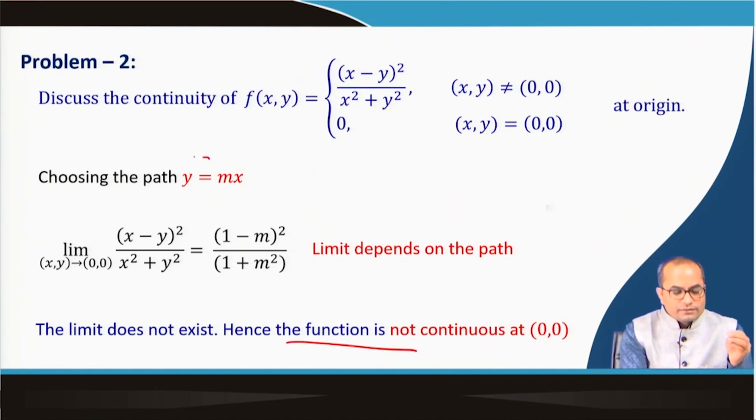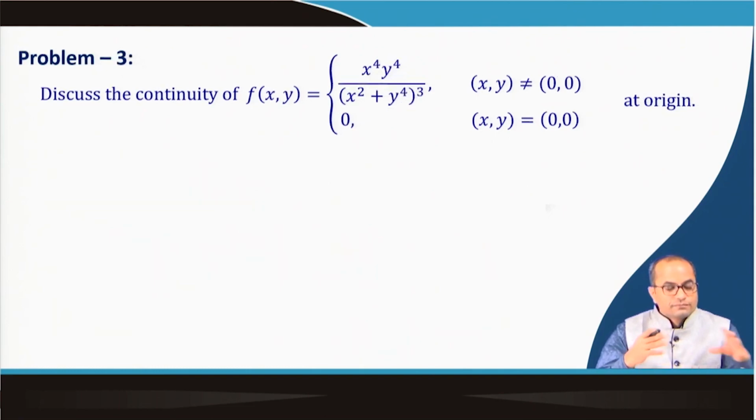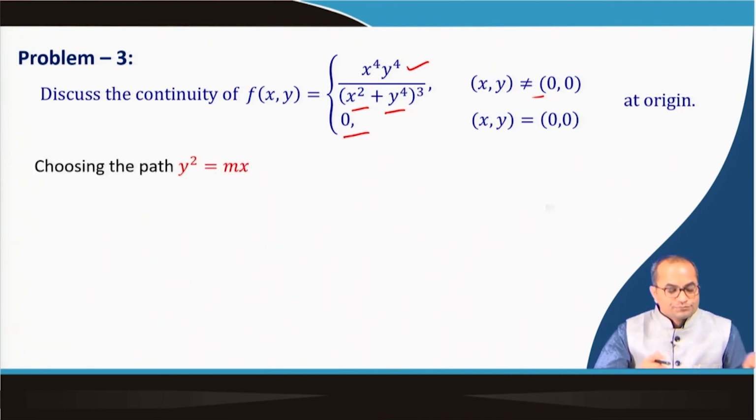In many cases, as we discussed before, choosing a path itself will tell you that the limit does not exist, and therefore there is no question of continuity for that function. Coming back to this problem, we have x⁴y⁴ over (x² + y⁴)³ when (x,y) is not (0,0), otherwise it is 0, and we will discuss its continuity at the origin again.